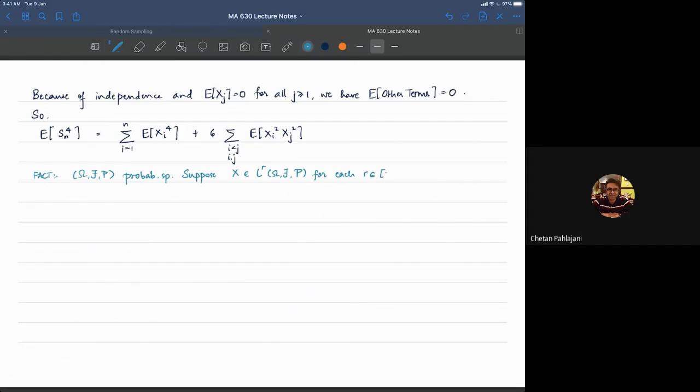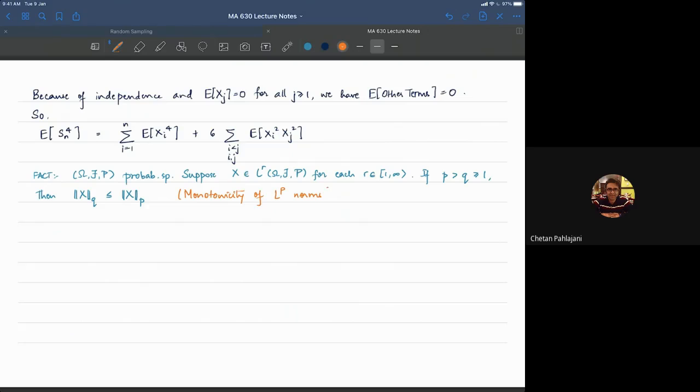So for all r in [1, infinity). If p is greater than q, and of course both should be greater than or equal to 1, then the q norm of X is less than or equal to the p norm of X. This can be concisely summarized as the property of monotonicity of L^p norms.